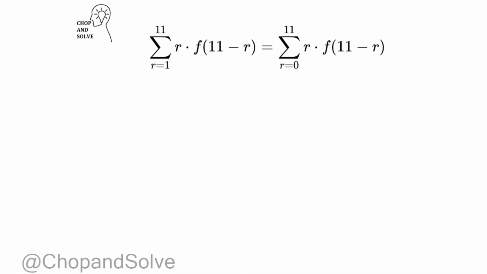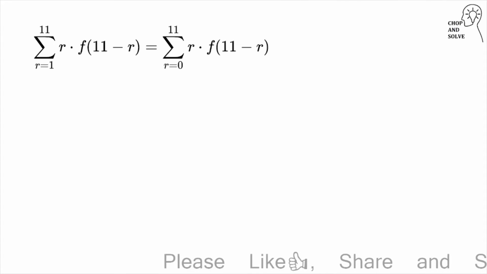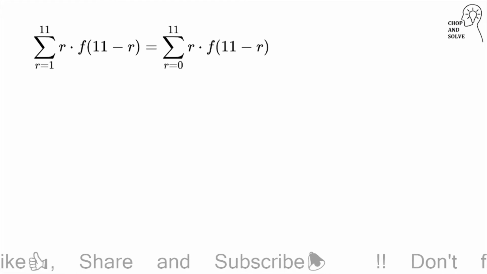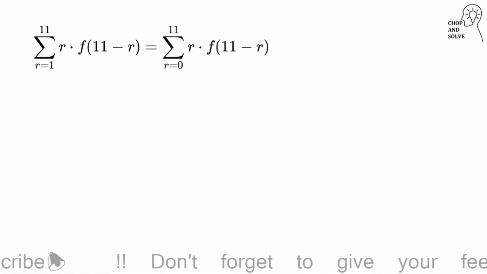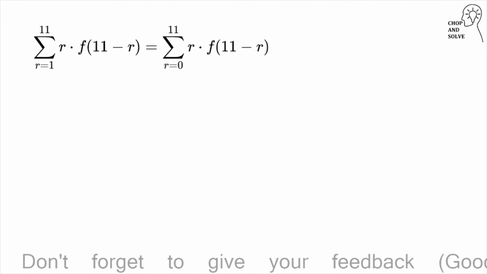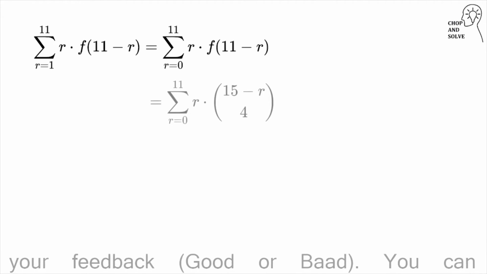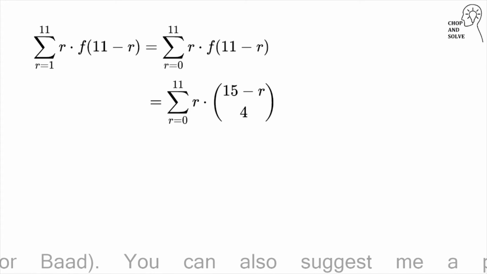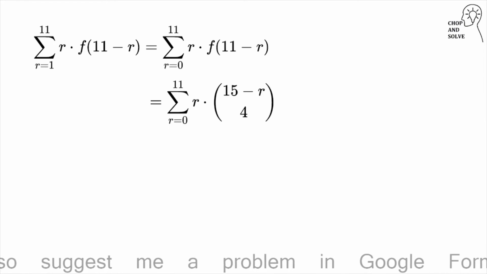Now the problem is that you have to sum from r equal to 1 to 11 of r into f of 11 minus r. You must observe that if you put r equal to 0, then the term is 0, so we can include that part. Now we can write the summation over r equal to 0 to 11 of r into 15 minus r choose 4, that is straightforward.